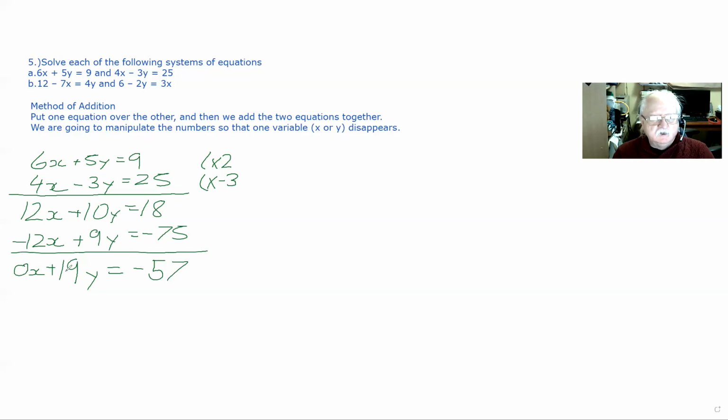And now instead of saying just solve for x, we actually have to do the solving for y. So y equals negative 57 over 19, equals, hopefully, negative 3.